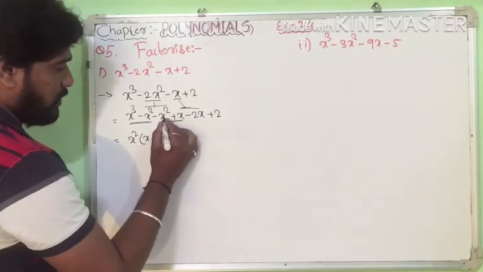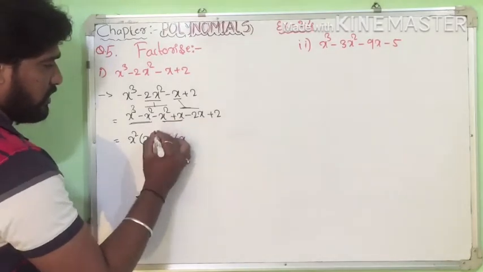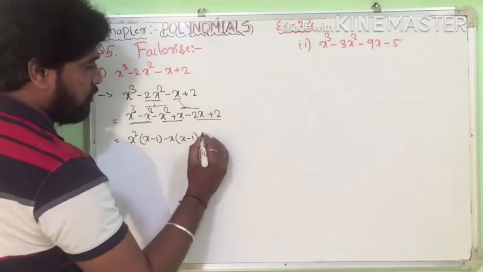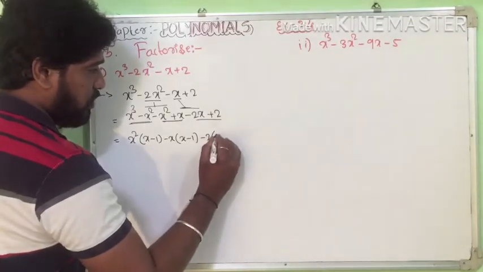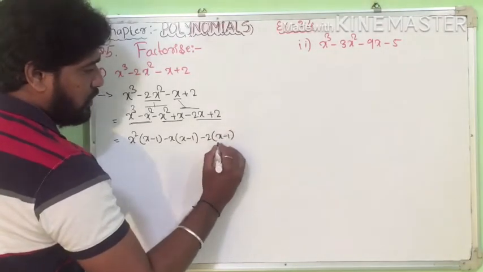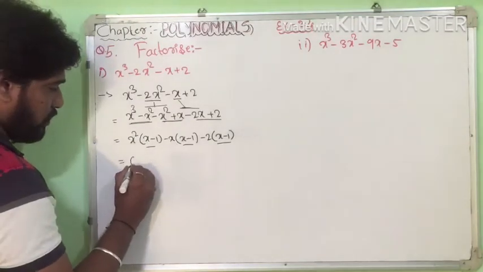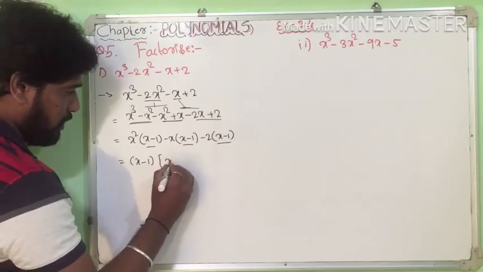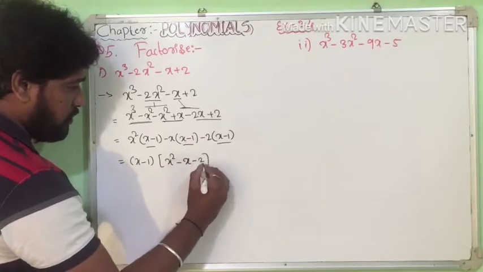So remaining terms: minus x goes outside means x, and minus x goes outside means minus 1. So in these two terms I will take common minus 2. So here we got x minus 1. See, these three are common, take outside x minus 1. So remaining term x square minus x minus 2.